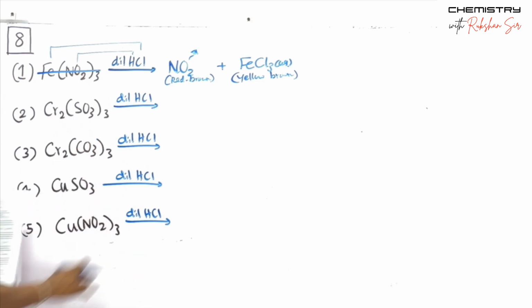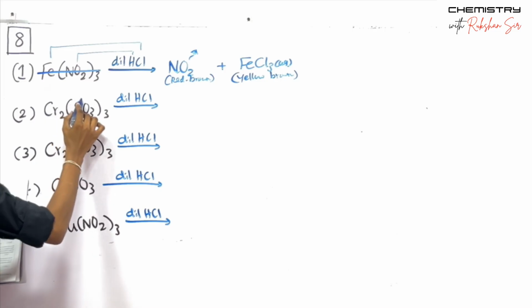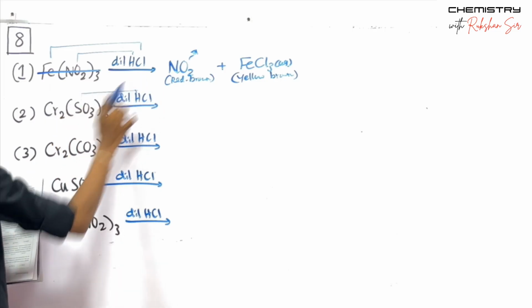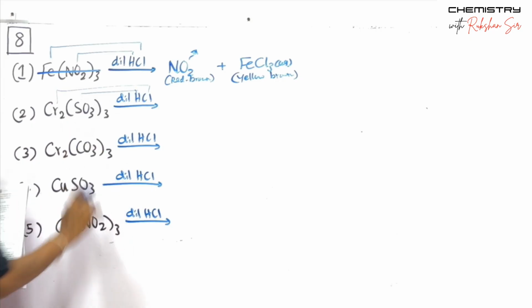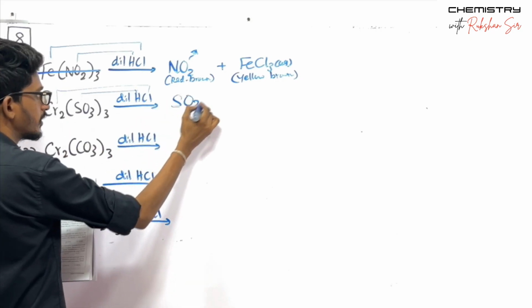With this one, these two connect to give you SO2 gas, and these two connect to give you chromium chloride. SO2 is a colorless gas.